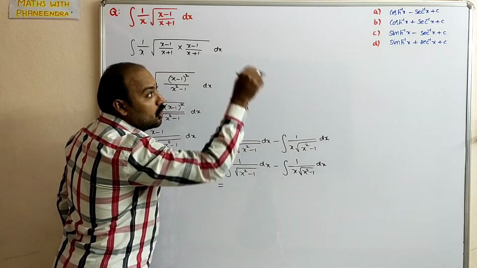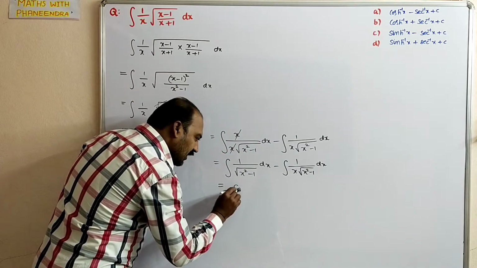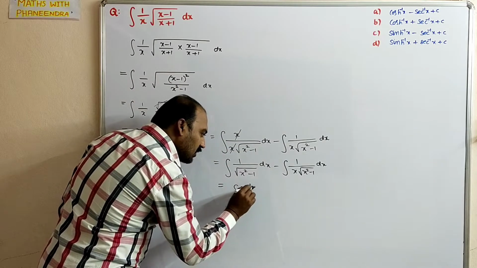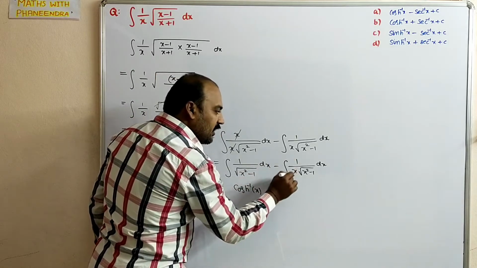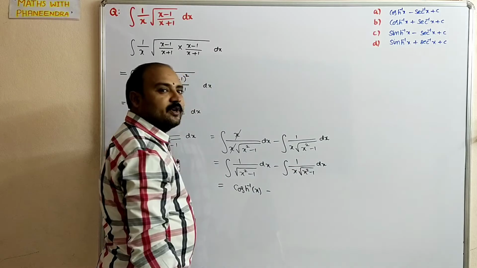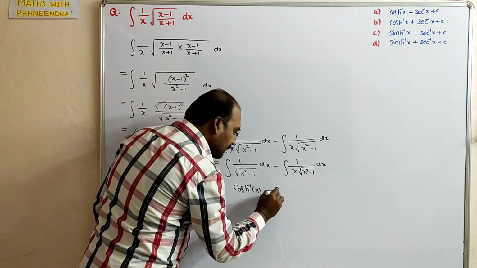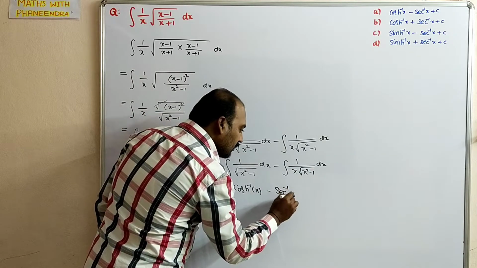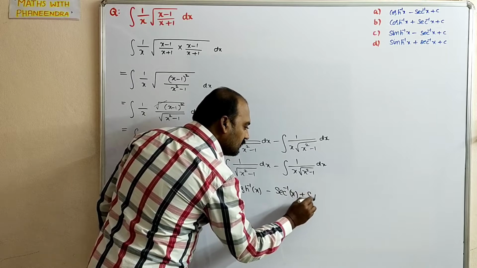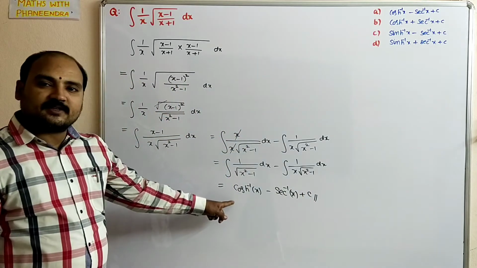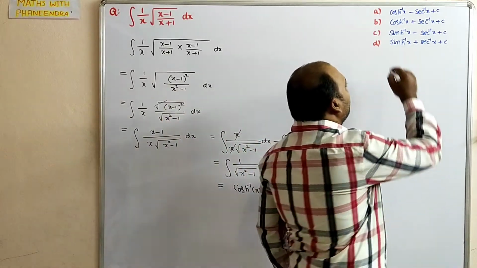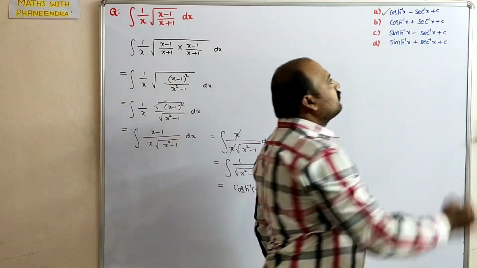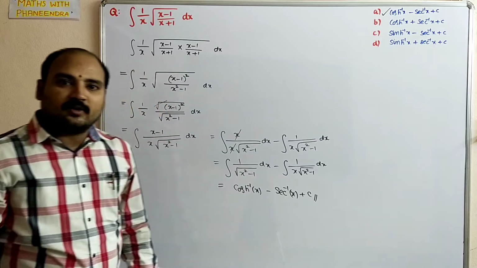But according to the option it is having cosh inverse x, cosh hyperbolic inverse function, minus integral 1 by x into square root of x square minus 1 dx is secant inverse x plus c. So cosh inverse x minus secant inverse of x plus c, which is there in the first option. We'll move to the next question.